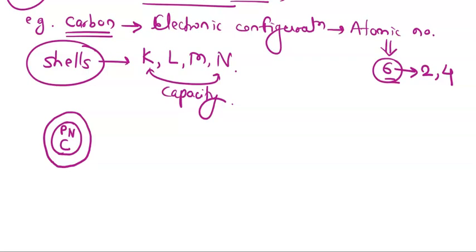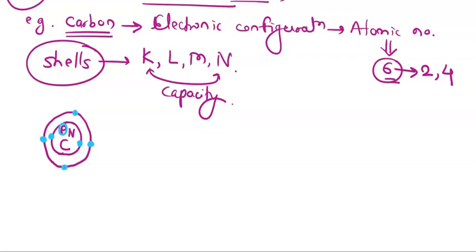If you draw the electrons, 2 will be here, and the remaining 4 will go here: 1, 2, 3 and 4. In this way you can draw the electronic structure of carbon, with 6 protons.